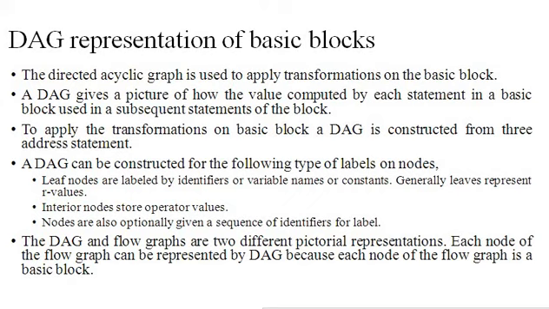And third, nodes are also optionally given a sequence of identifiers as labels. So the DAG and flow graphs are two different pictorial representations. Each node of the flow graph can be represented by a DAG because each node of the flow graph is a basic block.